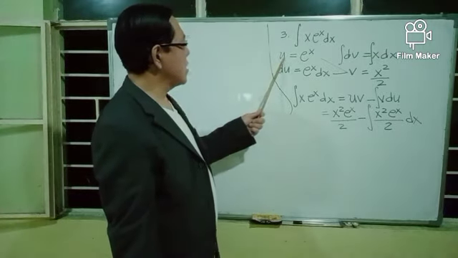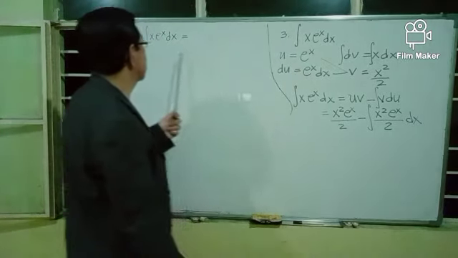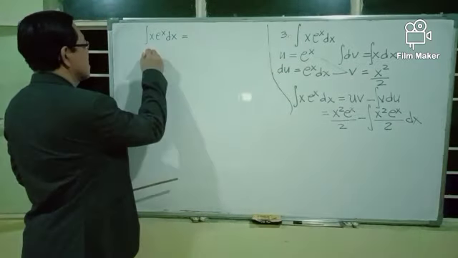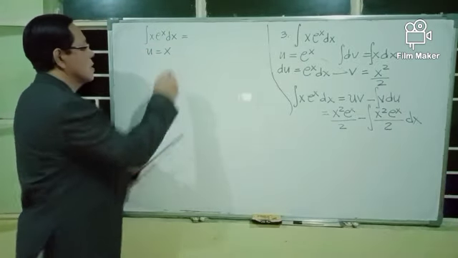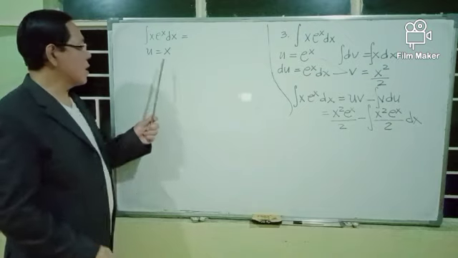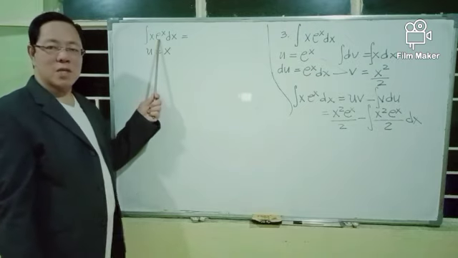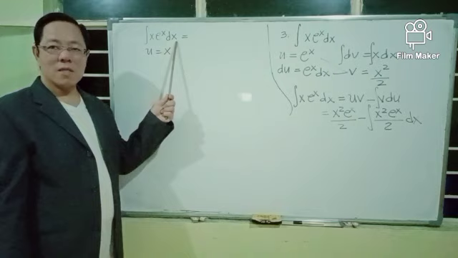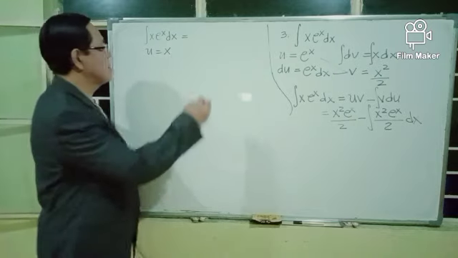We let u be equal to x. If u is equal to x, then the remaining expression e to the x dx is our dv.